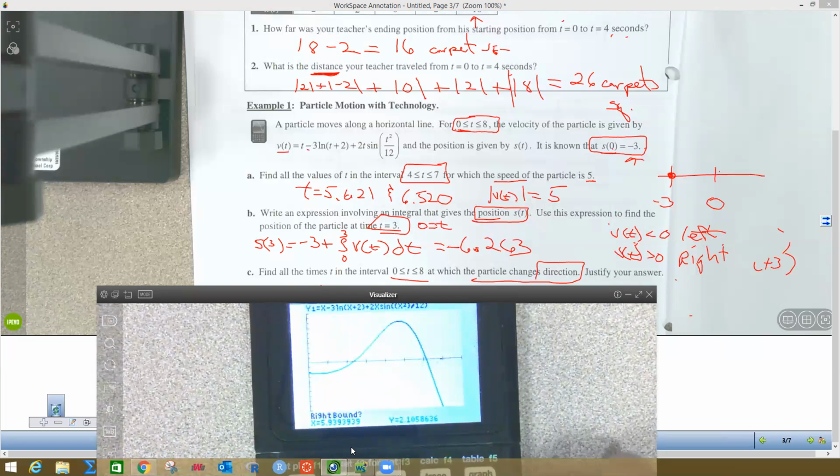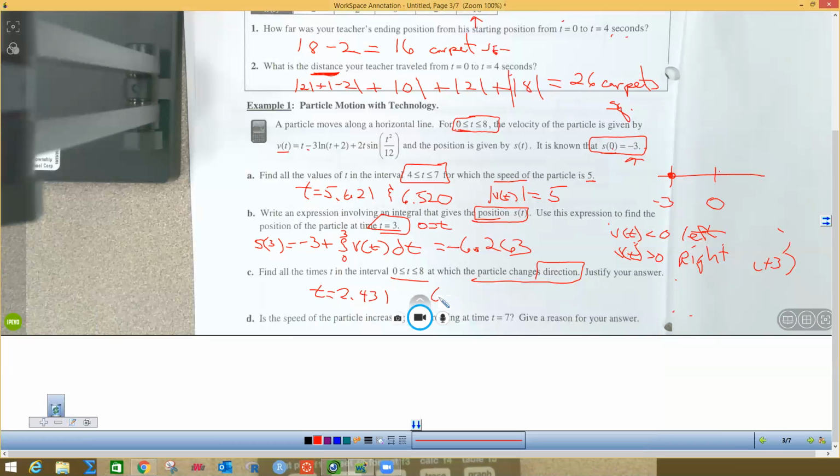Hit enter before I cross it, then cross it, hit enter, and enter again. So the next time it crossed is 6.127. So I'm going to write that down. 6.127. Okay, so those are the 2 times when the object was 0.